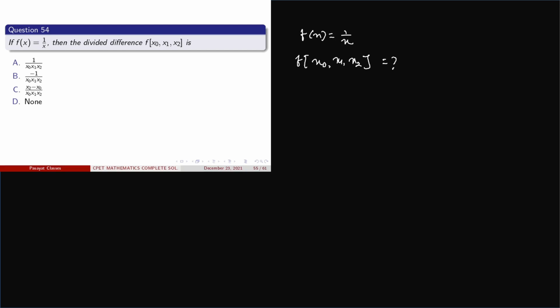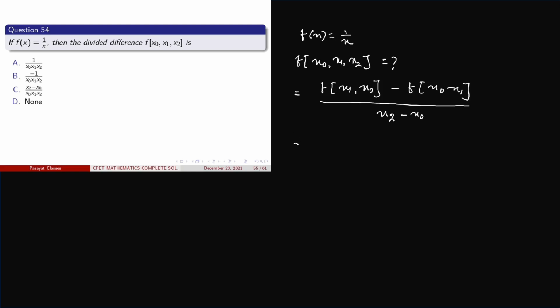We know the formula: the value is f of x1, x2 minus f of x0, x1, whole divided by x2 minus x0. Clear? Now we have to evaluate this quantity.